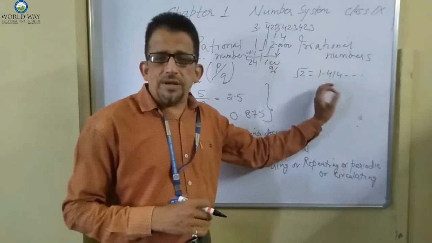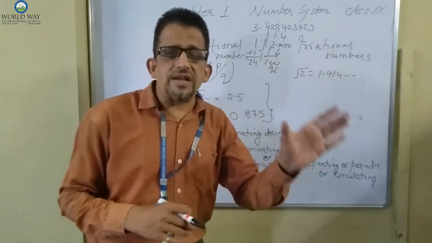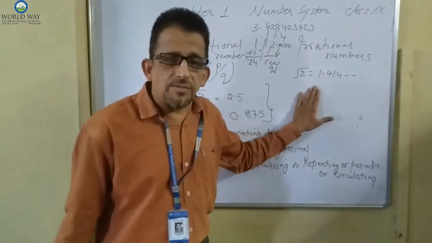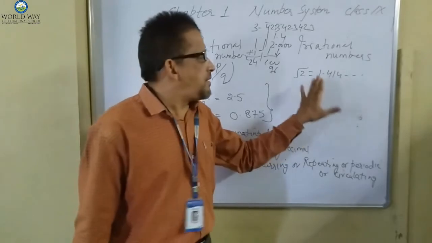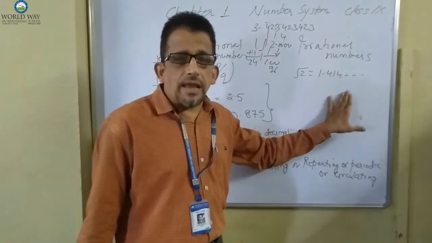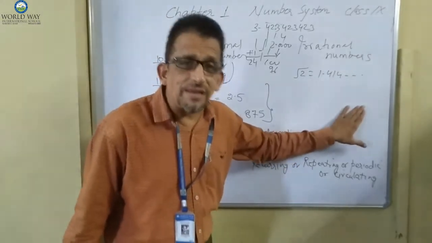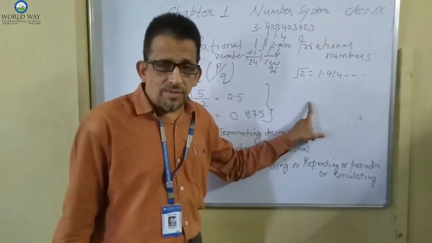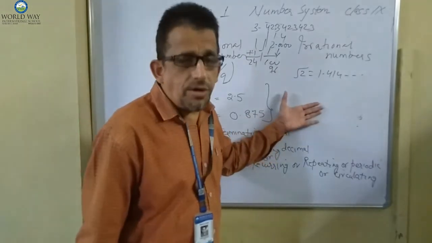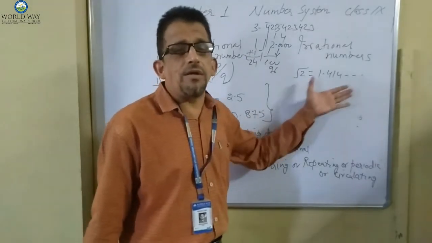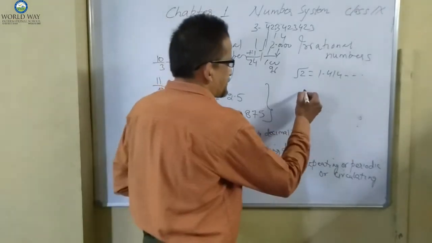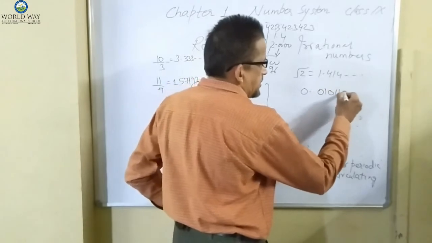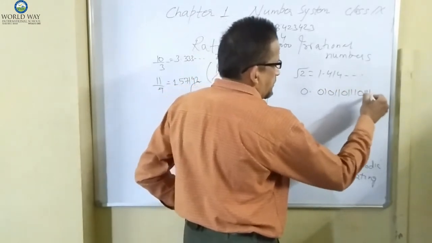After any decimal position, a set of digits will never come in repetition. Such types of decimal expansions are called non-terminating and non-repeating. So an irrational number has only one type of decimal expansion, that is non-terminating and non-repeating. Example: 0.01011 0111 0111 like this.